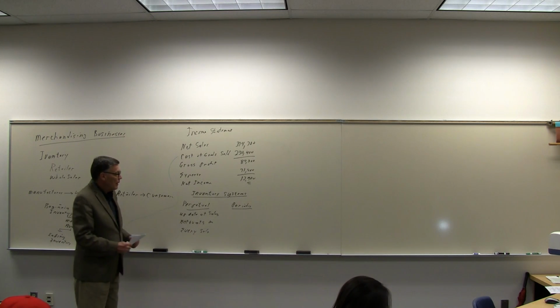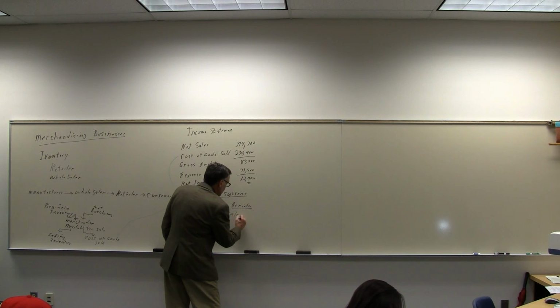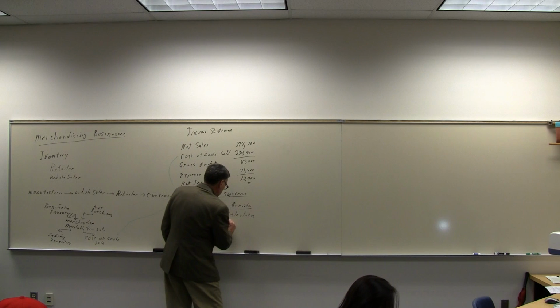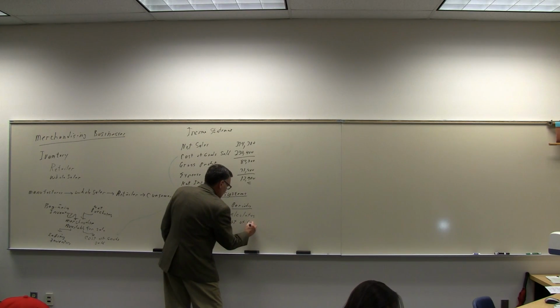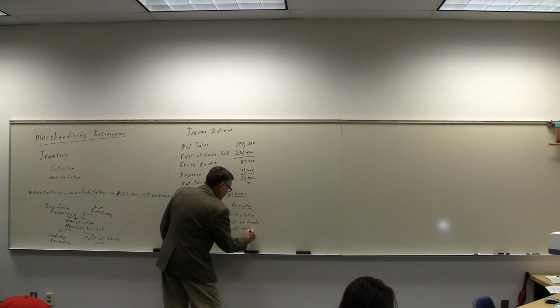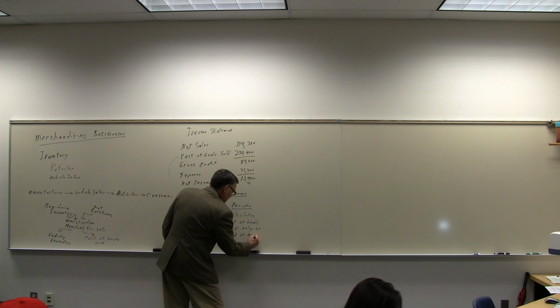Now the periodic calculates the cost of goods sold only at the end of the accounting period.